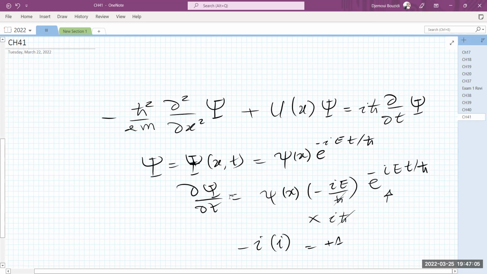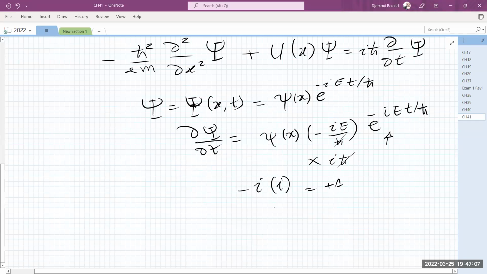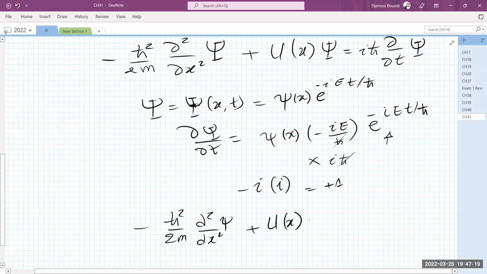So this equation can be written without the time dependence as negative h bar squared over 2m times the second derivative of the function little psi with respect to x plus u sub x times the little function psi is equal to E psi. We call this one the time independent Schrodinger equation.